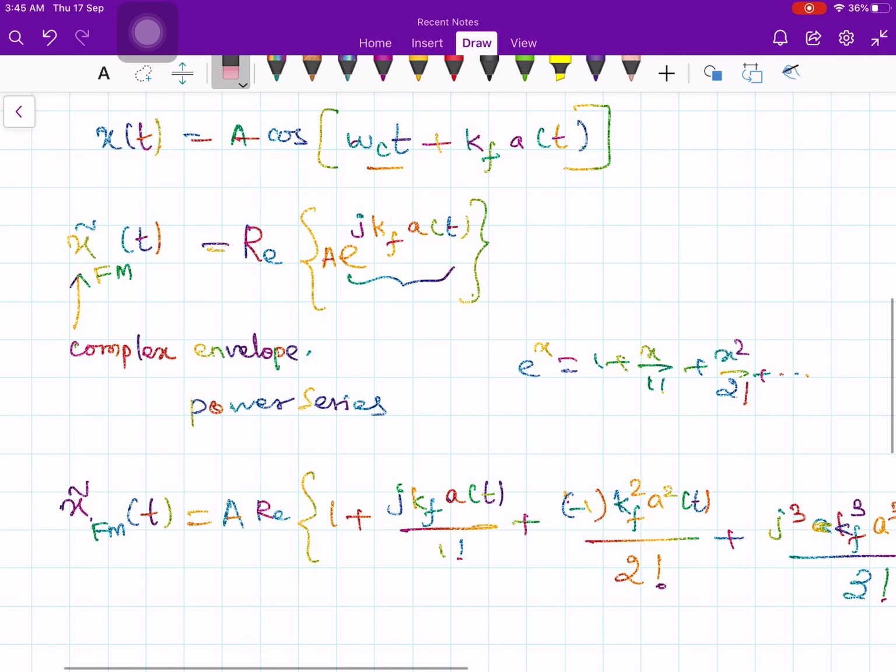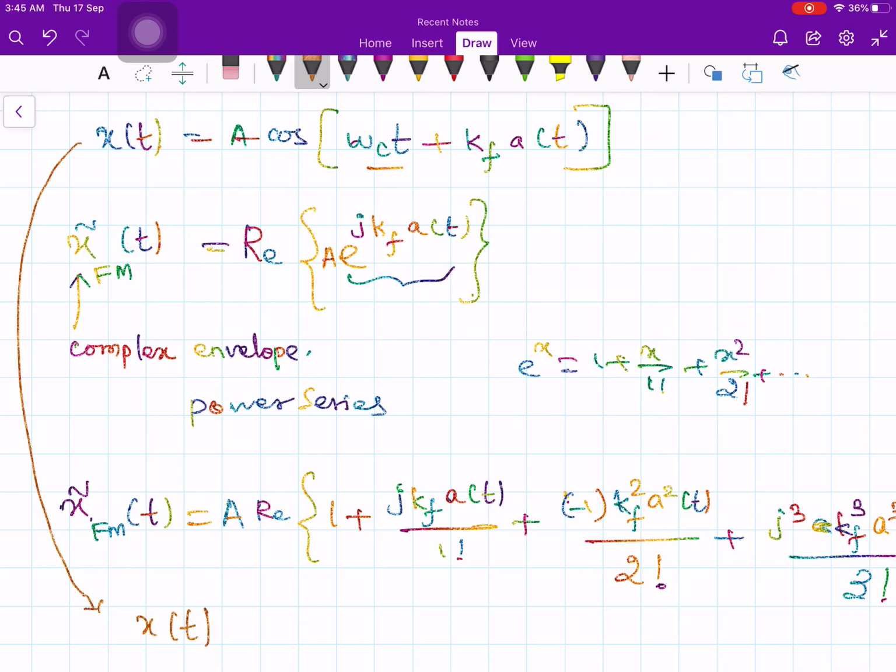Now this x of t I can write as A times cos of omega ct plus kf times a of t.